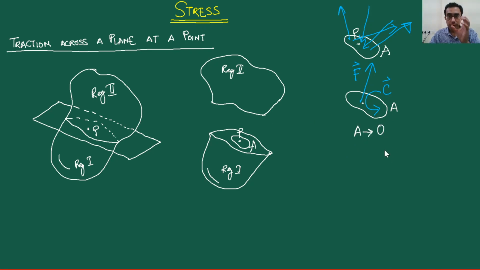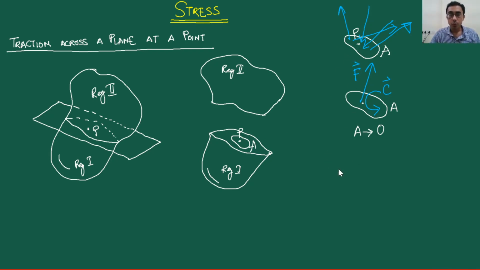We are going to shrink it. So you can start this entire thinking process from here, where you consider progressively smaller and smaller areas around the point P, shrinking this little periphery around the point P.